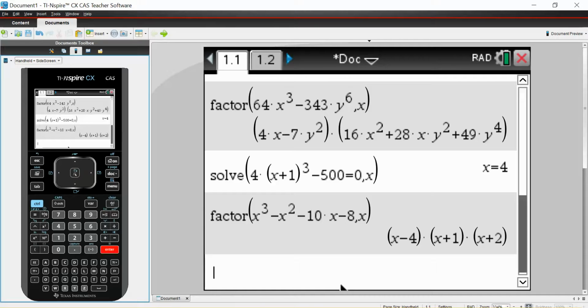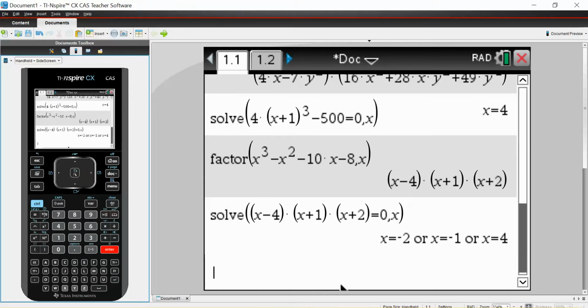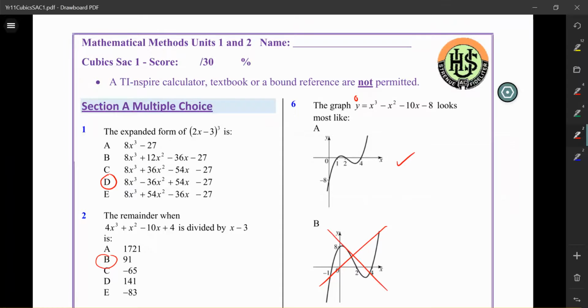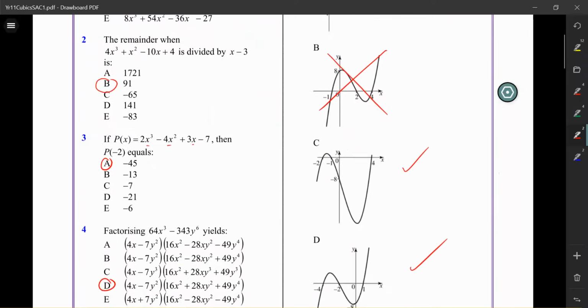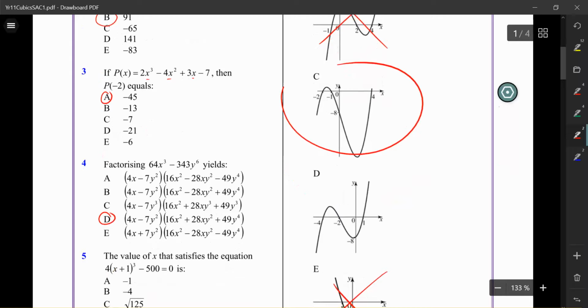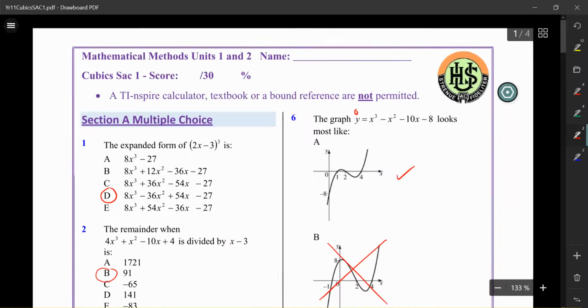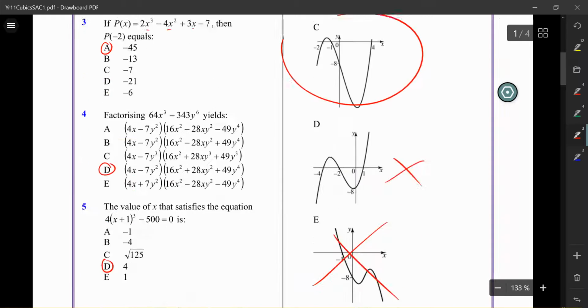And technically, since you know that's equal to 0, you can say solve, bracket. Now you can use your cursor, highlight it, bring it down, so that they're equal to 0. Solve for x, so comma x. And bam, it tells me x equals negative 2, negative 1, and 4. This is the only one. Everything else is wrong. So that was one way of doing it with the CAS for that question.